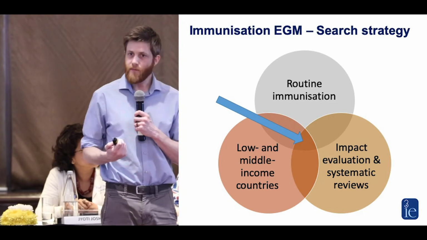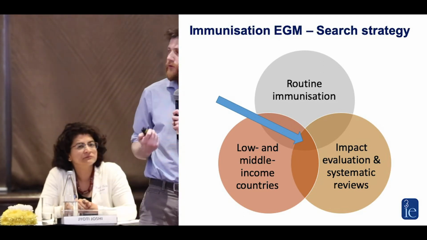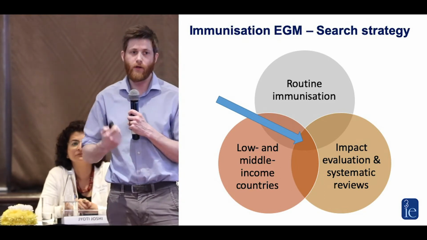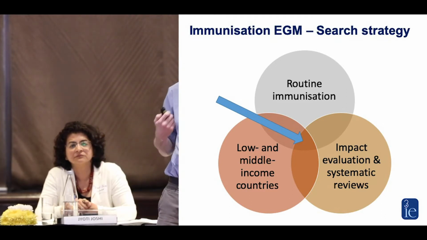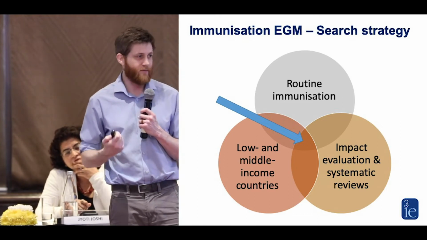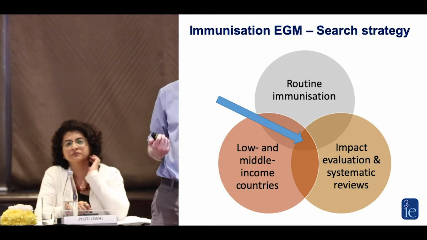Studies that measure one or more outcomes related to routine immunization. That could be vaccination coverage, or it could be some of the determinants of vaccination coverage. I'll say more about that in a bit. We were also looking for impact evaluations or systematic reviews, conducted in low and middle income countries.